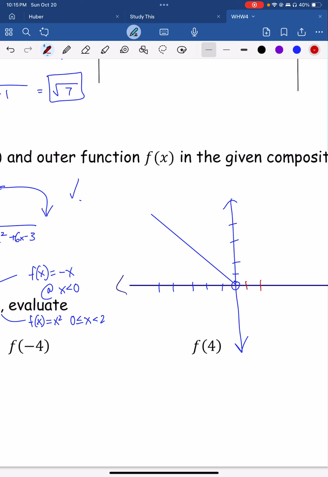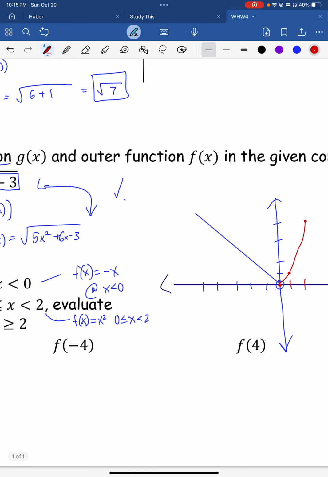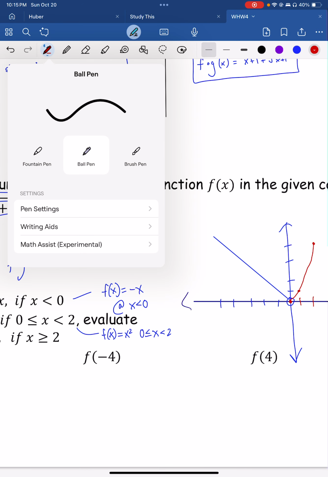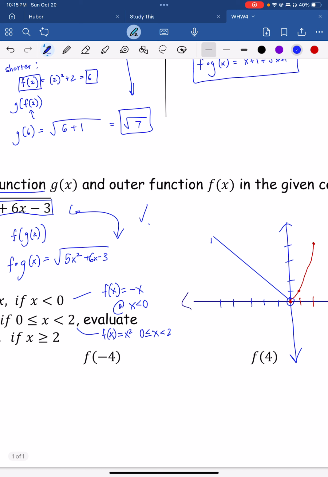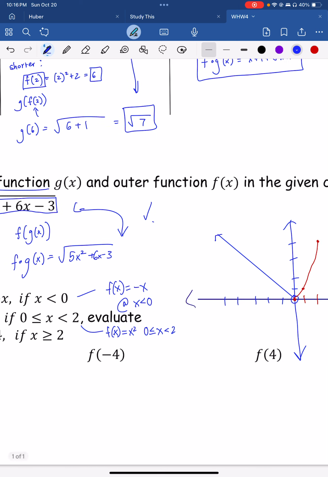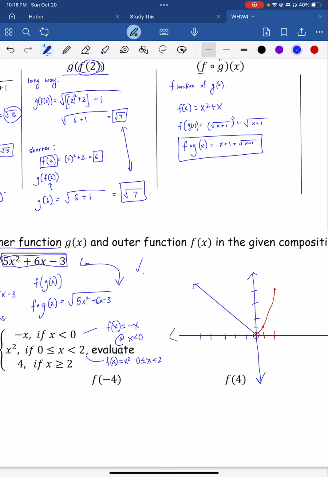I know that I'm going to close the circle, and then graph it like this. The most important thing is to never draw the arrows because you're only given a specific domain. For example, for this linear function, I could draw the arrows because the domain was saying it just has to be less than 0, but for the x squared one, you cannot because you're given bounds.